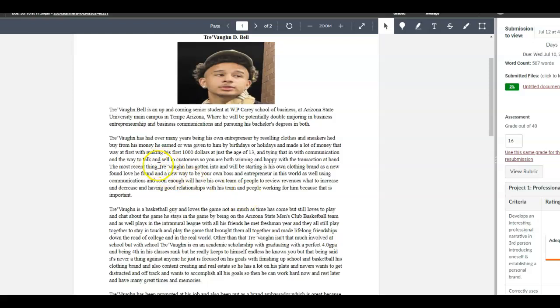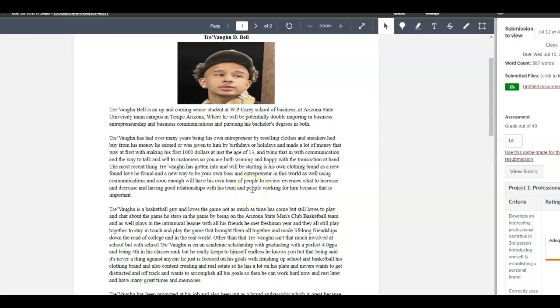The most recent thing Trayvon has gotten into and will be starting is his own. So you haven't started it yet. So just read over this and offer concrete evidence. It's interesting, but there's nothing concrete.